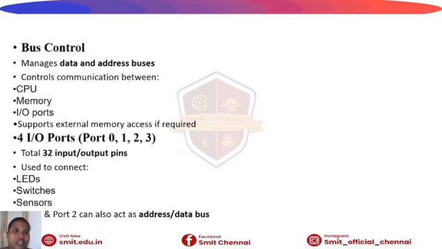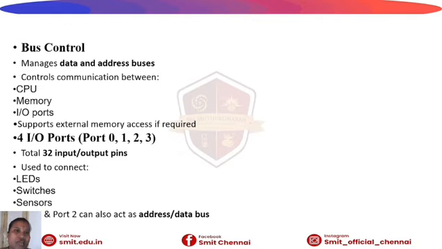Bus control. Bus control means data and address buses. Manages the data and address buses. It controls communication between CPU, memory, and input-output ports. CPU we already know, central processing unit, and input-output ports. Supports external memory access if required.